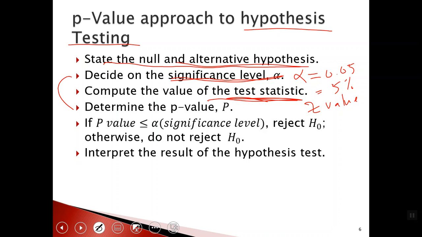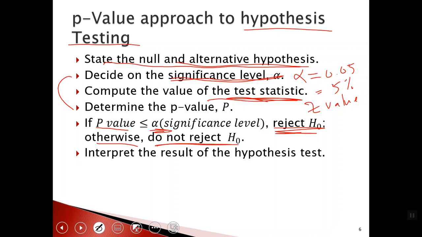Now the next step: you have your p-value and your significance level alpha. Compare them. If the p-value is less than or equal to alpha, then you can simply reject your null hypothesis H naught. Otherwise, do not reject H naught.